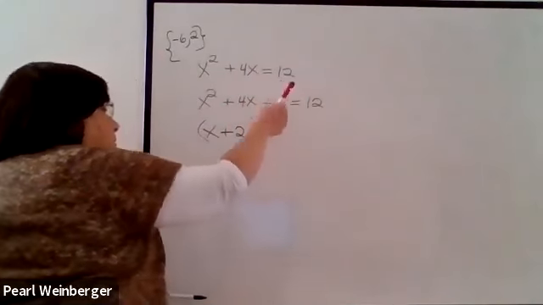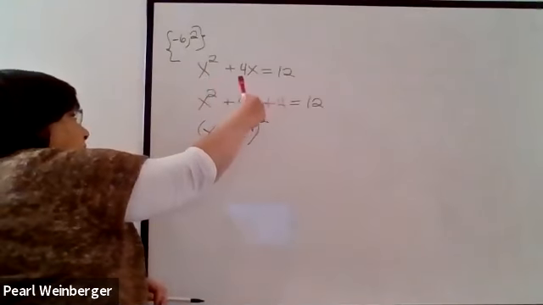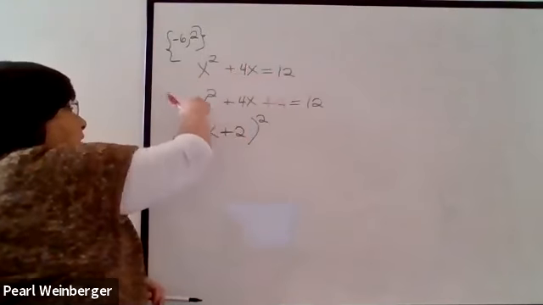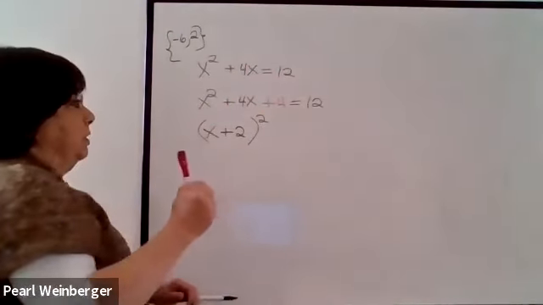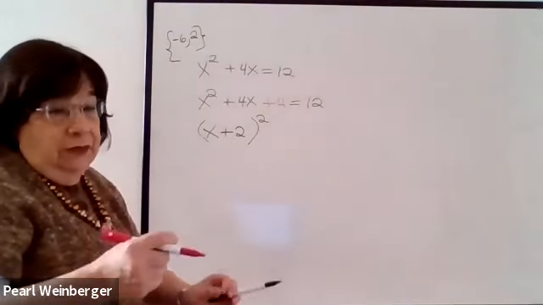If I add an additional 4 to the x squared plus 4x, so that I have x squared plus 4x plus 4, that is the binomial x plus 2 squared.